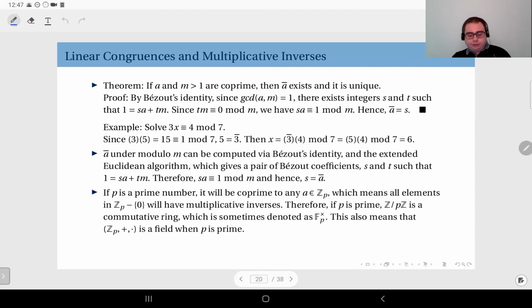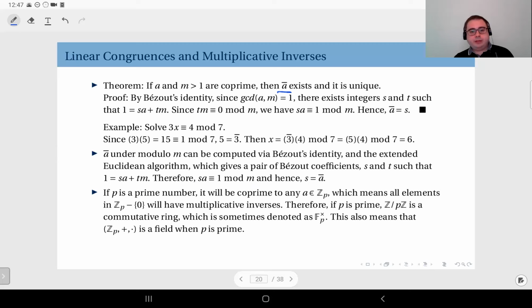Okay, let's continue with this theorem. If A and M are co-prime, where M is greater than 1, then the multiplicative inverse of A exists, and it is unique. Here I'm going to show just the existence. The uniqueness part is not that difficult.